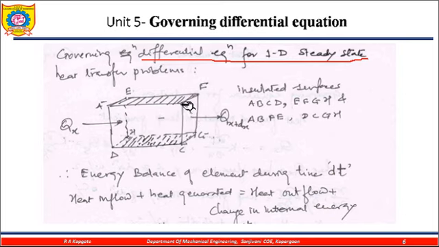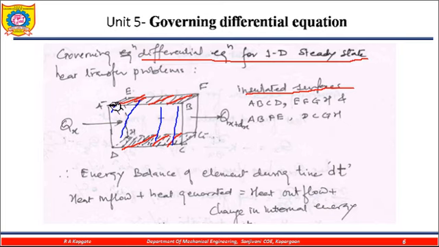Now this cube is insulated on certain surfaces. This surface is insulated, this surface is insulated, so the top and bottom surfaces are insulated. Then these surfaces, A, B, C and D, are also insulated, and opposite to that, the E, F, G, H side is also insulated.